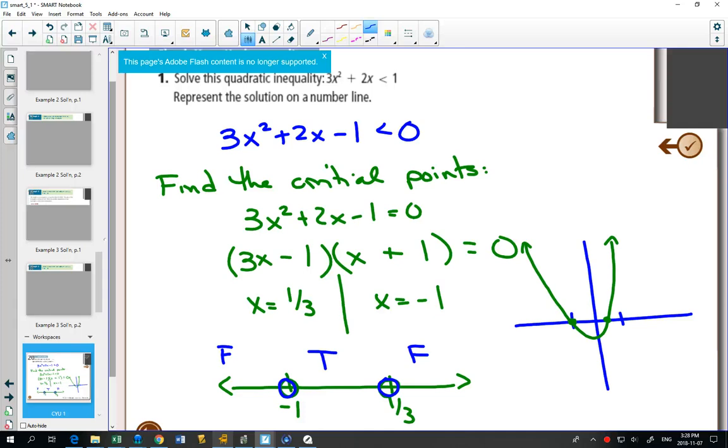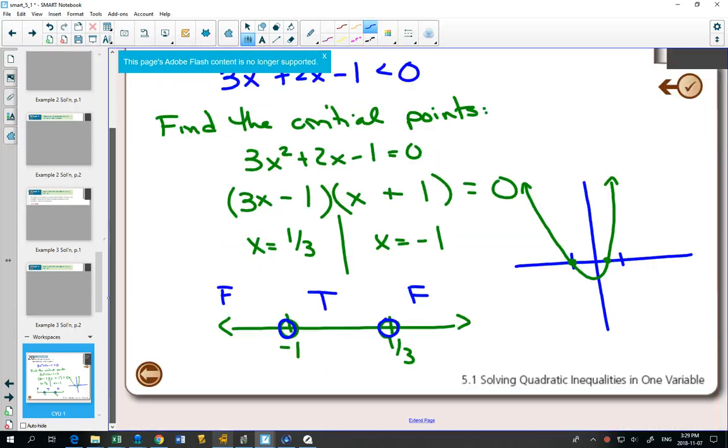If I plug in a number bigger than 1/3, if I plug in 5, I might even use the factored part. Here I'm going to get 15 minus 1. Here I'm going to get 5 plus 1. 14 times 6. Both are positive numbers. Is it going to be less than 0? No. So I can use test points as well to find out the true, false, and true.